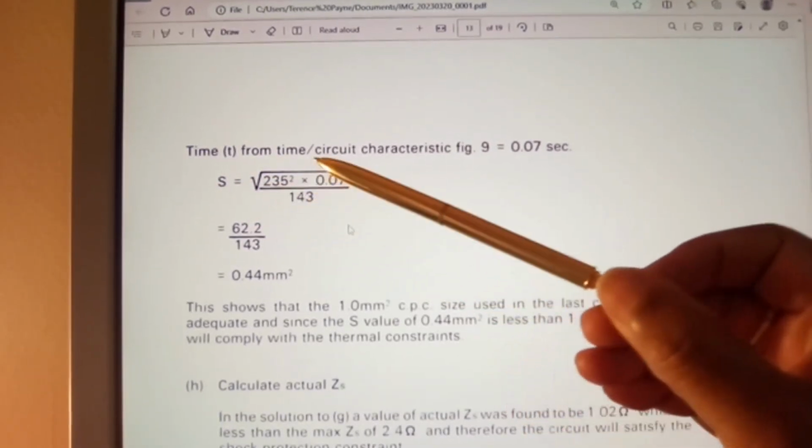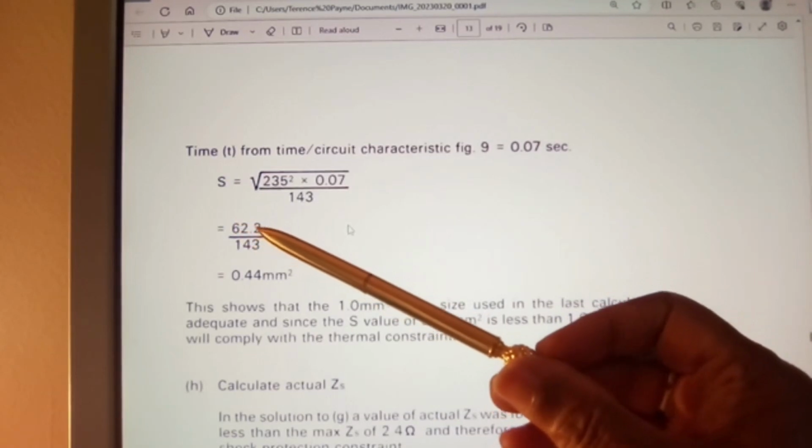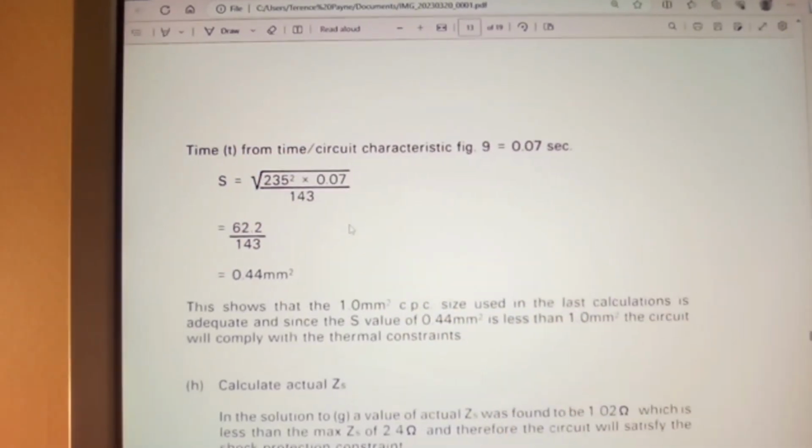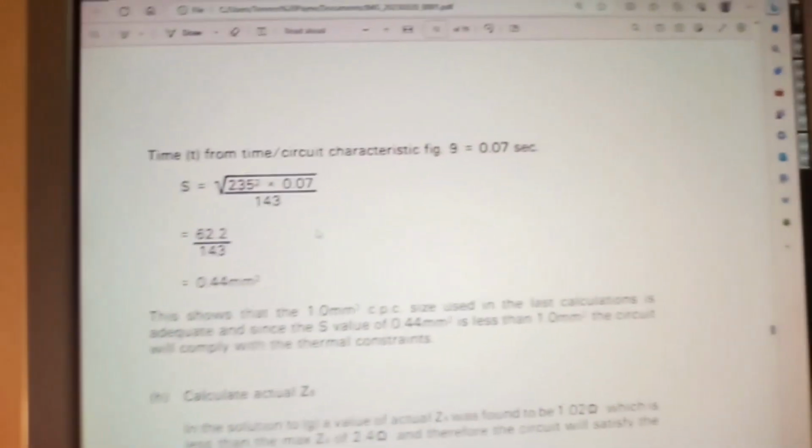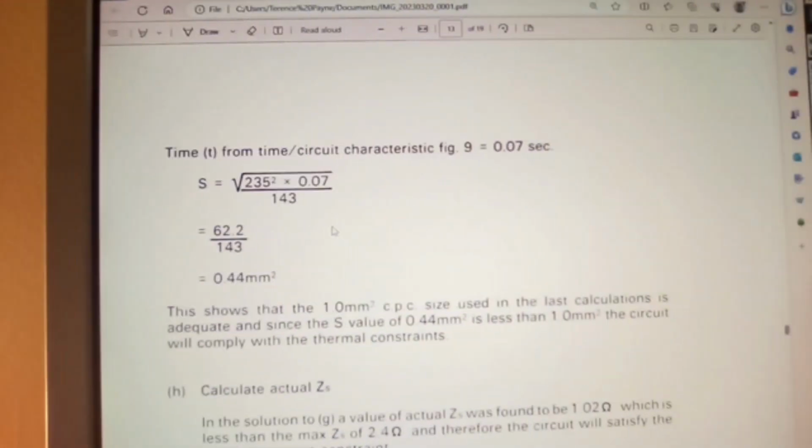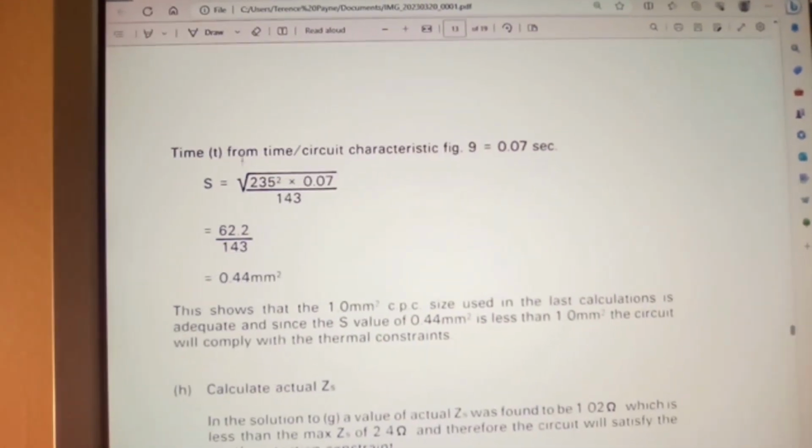Then you find the square root of the total. I'm having a little calculation problem here with this. I'm not happy with that outcome, but maybe it's me doing it wrong. Maybe I'm missing something.